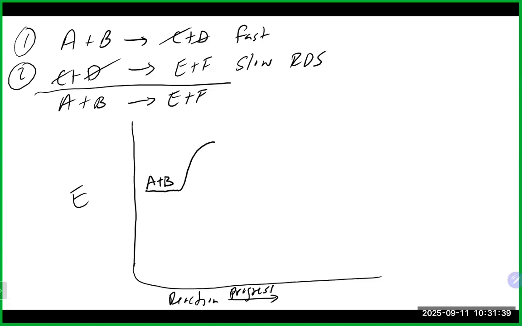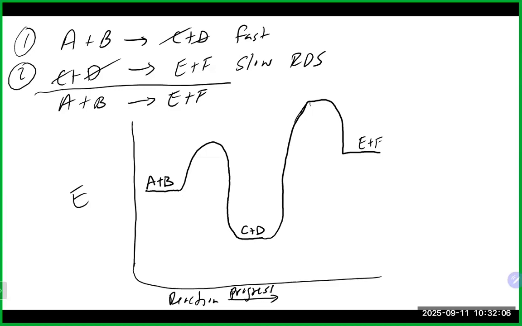So it would climb and come down to our intermediates, right? And in this case, we have our slow step, and this guy would then perhaps come up and go that way. We'll just make it like that. Why not? And it would go to our products in this case, right?